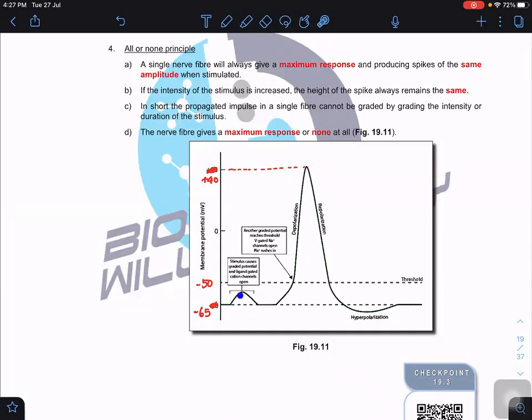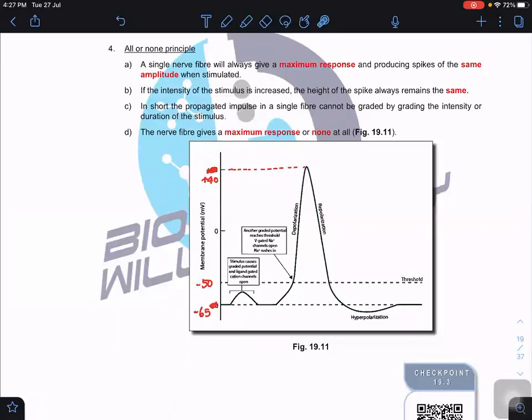We want to increase, but the pump removes the sodium ions. Therefore later we go back to resting potential, which means no action potential is generated. It's good, because if every minute signal were sent to your brain for interpretation, we wouldn't be able to rest.